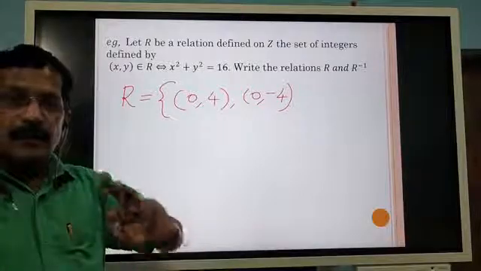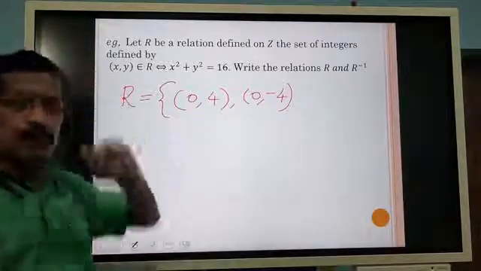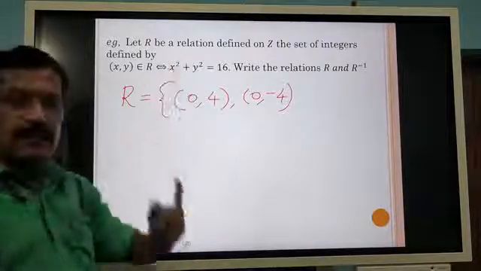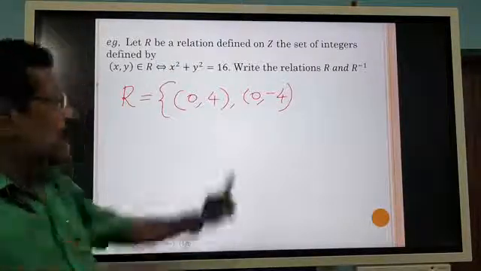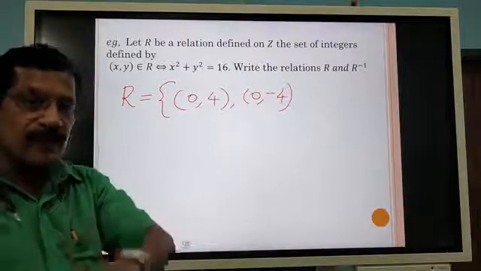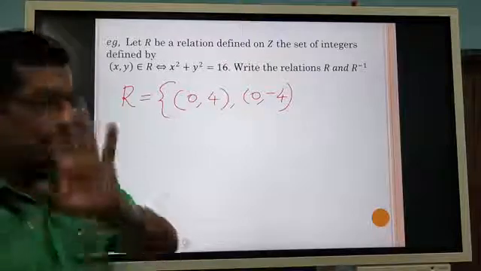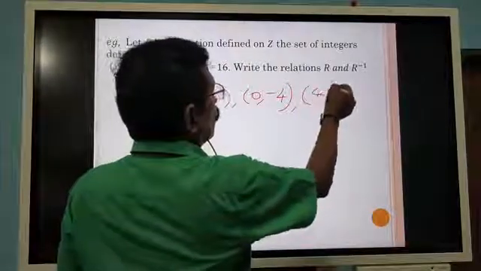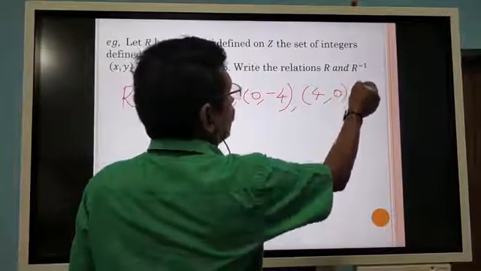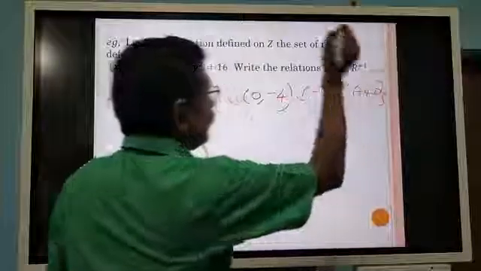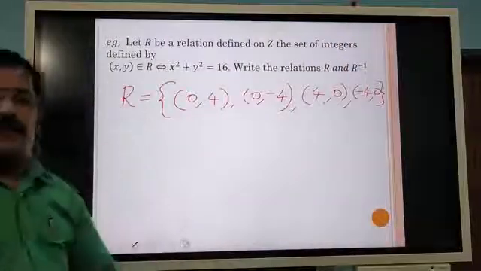Now we can give x equal to 4. When x is equal to 4, it becomes 16 plus y square, then y should be 0, then only 16. So x can be 4 and x can be minus 4, whereas y will be 0 in that case. So the ordered pairs are (4, 0) and (minus 4, 0). So this is the relation R.